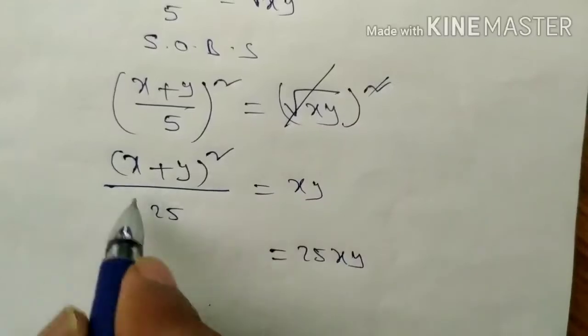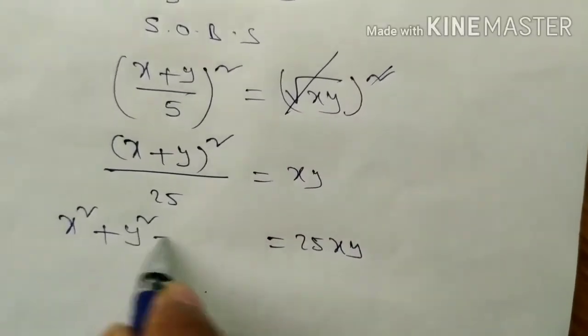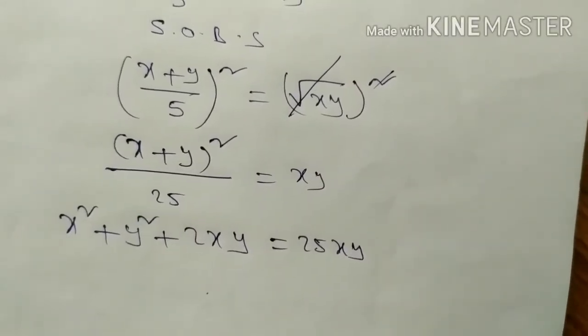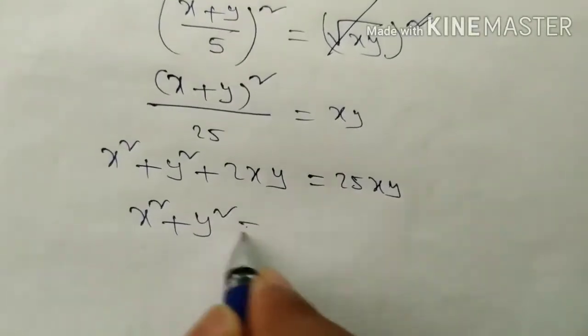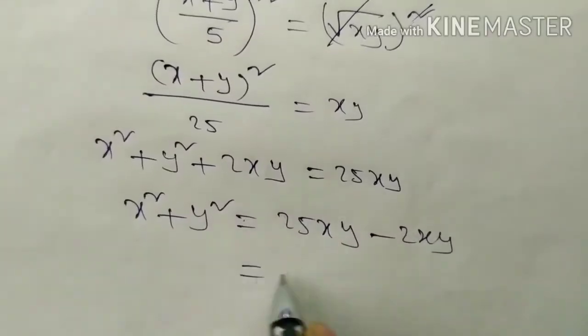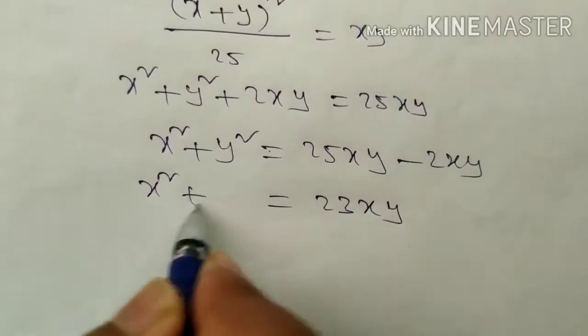Here what are you left with? (x plus y) whole square, a square plus b square plus 2ab, that is in the form a square plus b square plus 2ab, so plus 2xy on the right side. x square plus y square is equal to 25xy minus 2xy. That will get 23xy. x square plus y square.